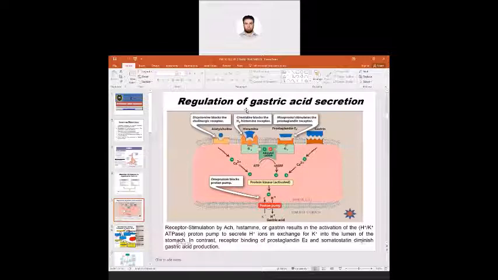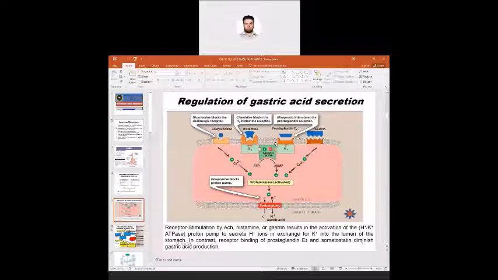Also, if I say famotidine is an H2 receptor antagonist, the answer is also true. So any one of these drugs under H2 receptor antagonists or blockers is representative of the group, especially in the mechanism of action. That's why we have to try to memorize the names under each group as much as we can.